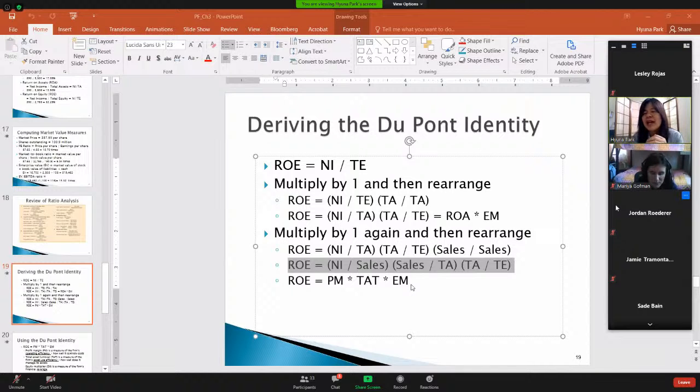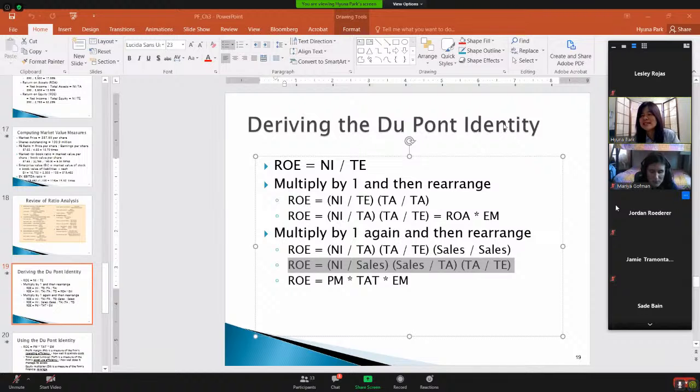So if a company has a high equity multiplier, that means the company has a lot of debt. So using leverage, debt, is shown by the equity multiplier. So these are the three components of return on equity based on the DuPont Identity.